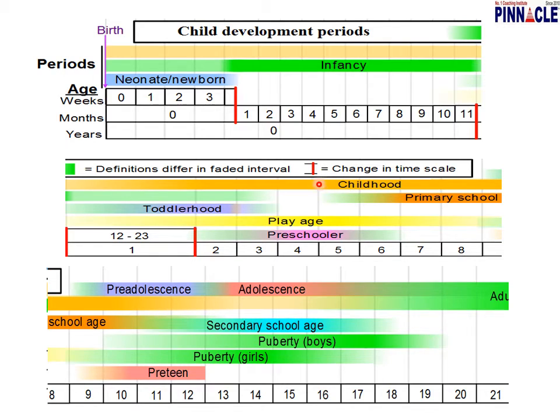This is the stage of childhood, and after that adolescence, school age, you can say pre-teenage, and from here puberty starts in girls.